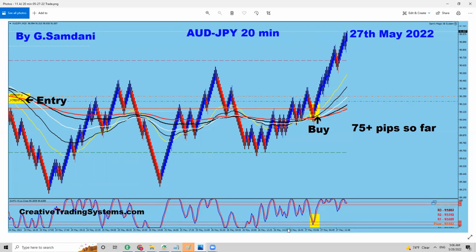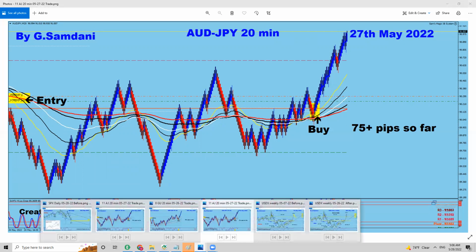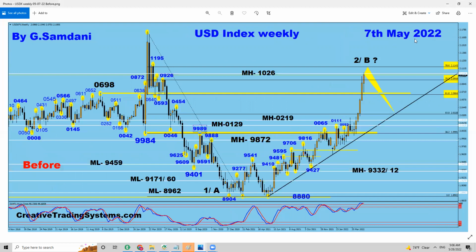So let me show you the US dollar index. This is the chart I made on the 7th of May of this year, at the end of the first week. I said that the US dollar index was here. So you see my yellow mark. I said first it's going to go up to 78%, hit that, and then it's going to drop here.